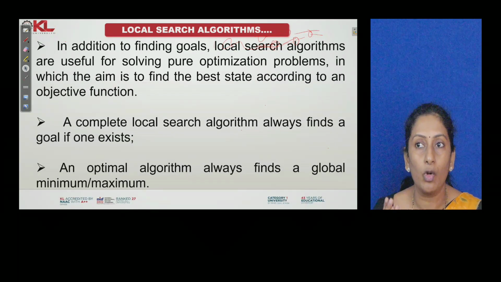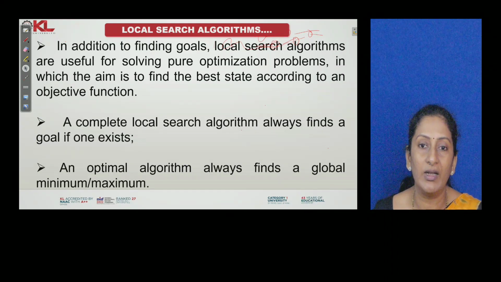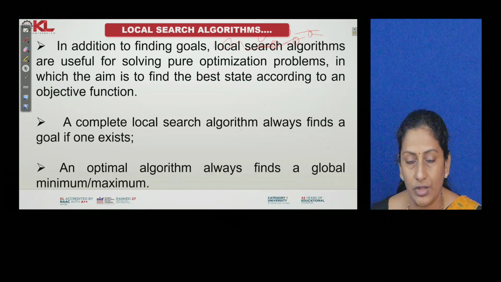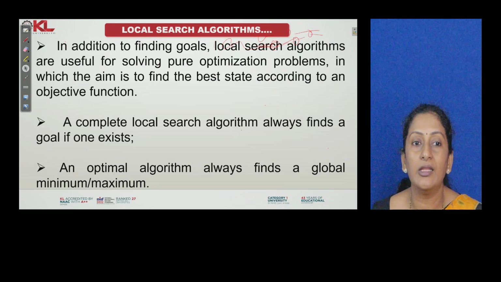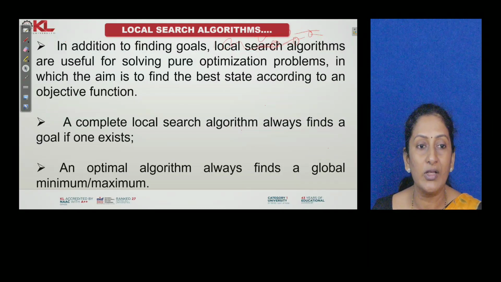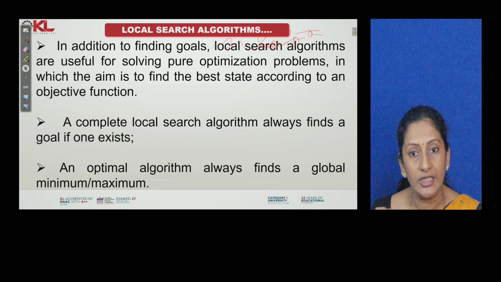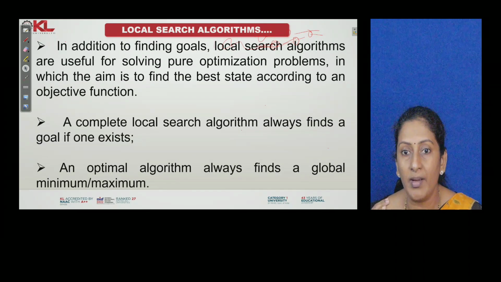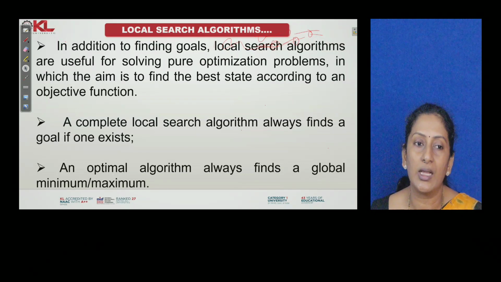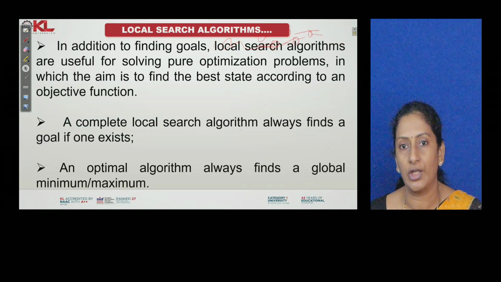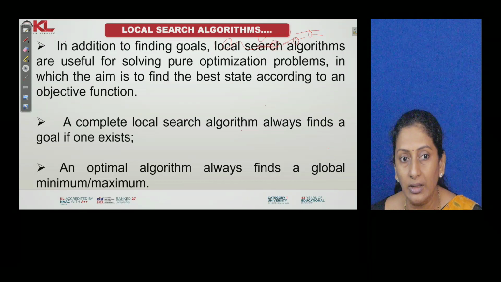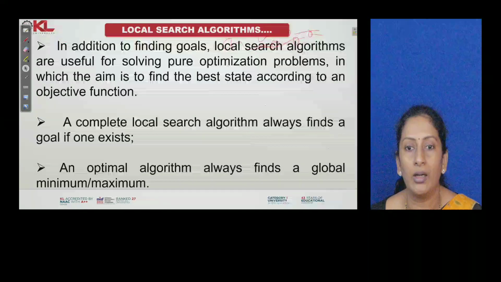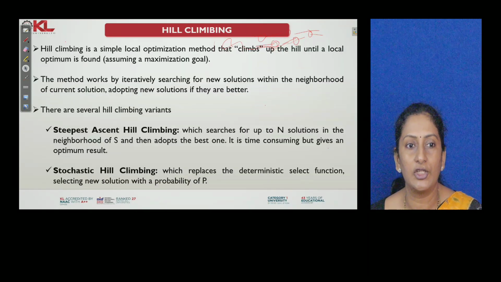Either it can be a global maximum or global minimum. And these algorithms will definitely give you a solution if an answer exists for the given problem. These are the important points to keep in mind about local search algorithms.